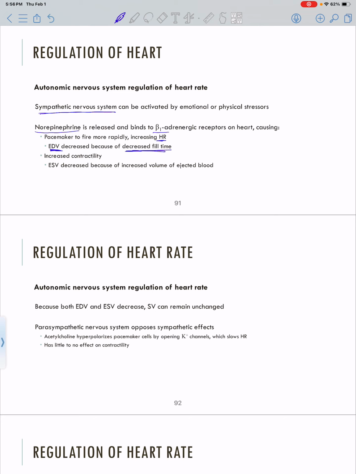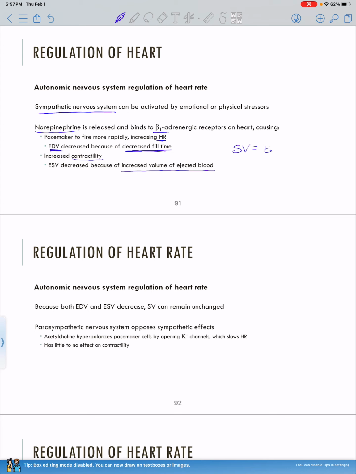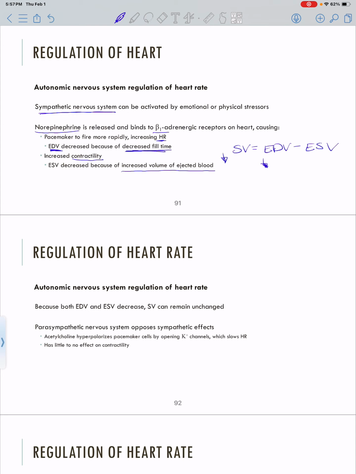But we are going to increase our contractility. So we're going to decrease our end systolic volume because we're able to increase the contractility, which means we can push more blood out of our ventricles into our aorta and our pulmonary trunk, and this is going to increase the volume of ejected blood. So if we went back and looked at stroke volume is equal to end diastolic volume minus end systolic volume, you would think that if we decreased our end diastolic volume, we would decrease our stroke volume.